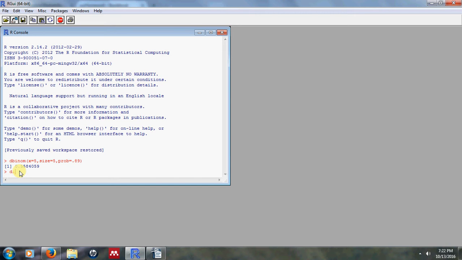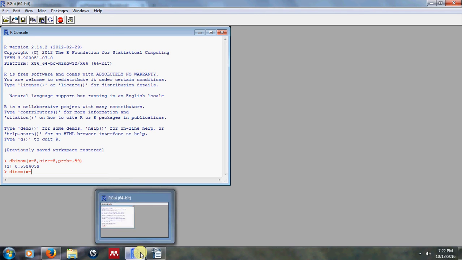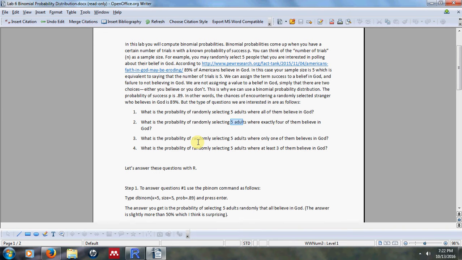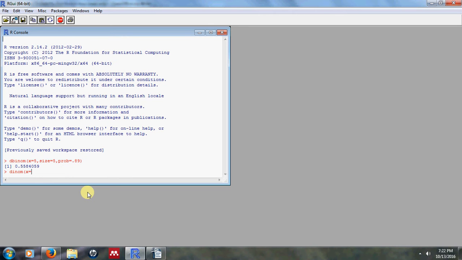Let's do the same thing for the second question. And this time we're interested in what the probability is of having a sample size of 5, but in which only exactly 4 of them believe in God. So that just changes one piece here, which is the 4 here. The size of the sample is the same, and the probability doesn't change either.